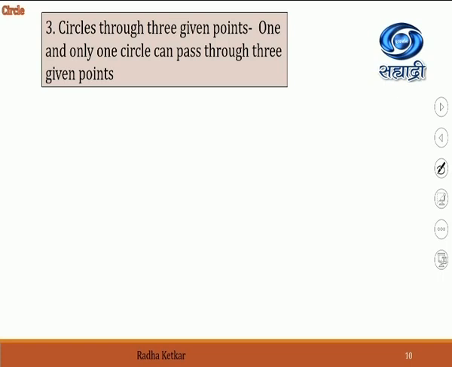Now the next one, circles through 3 given points. Now we are talking about non-collinear points here. If we talk about such points, one and only one circle can be drawn. Let us see how. The 3 points, we connect them to form a triangle.